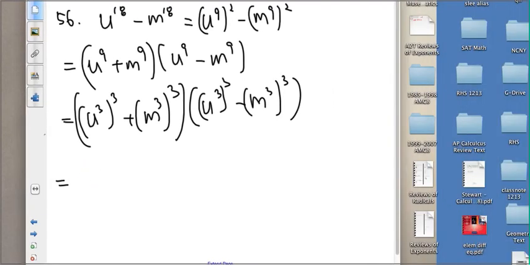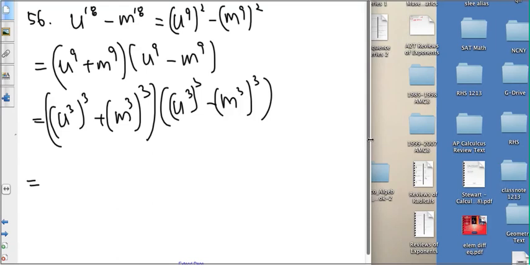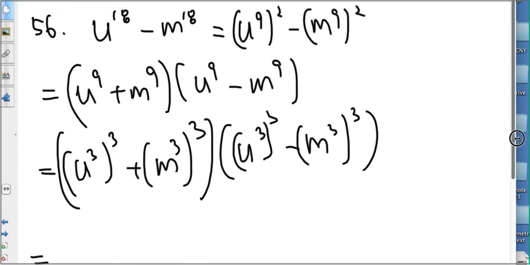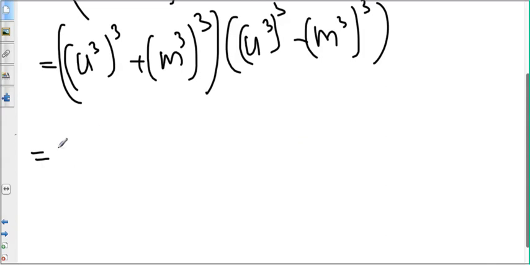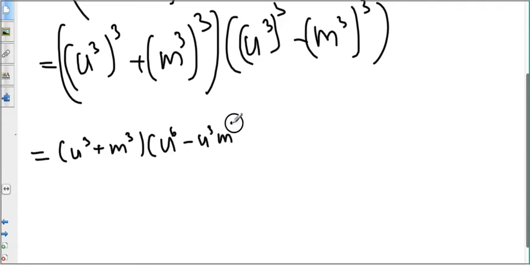Then the first one, if I have to do this one, becomes u to the 3rd plus m to the 3rd, times u to the 3rd squared, which becomes 6th power, minus u to the 3rd and m to the 3rd power.